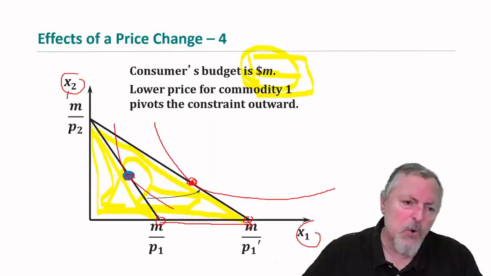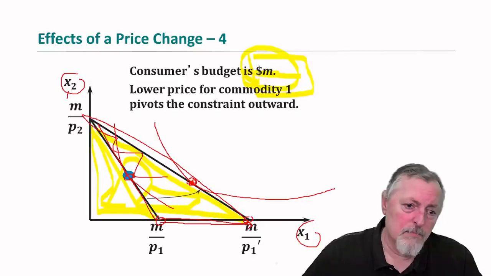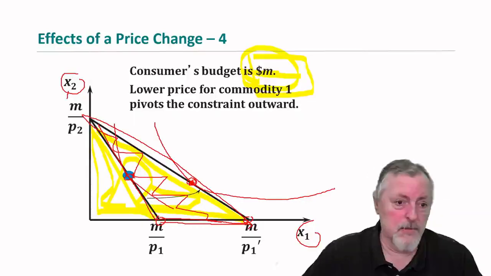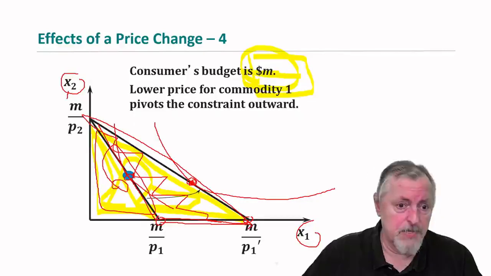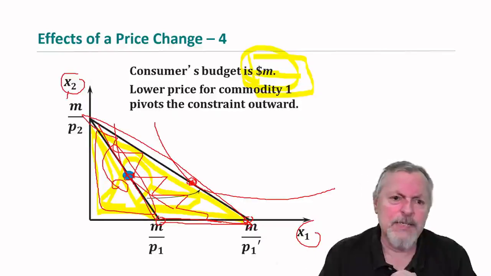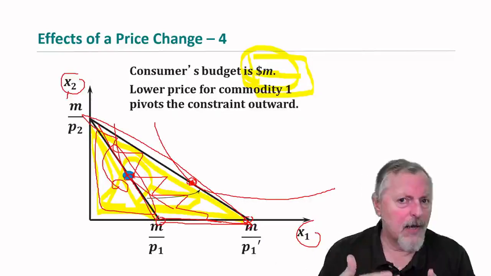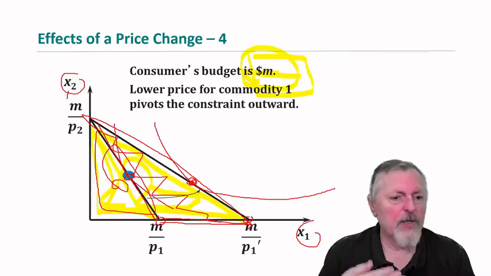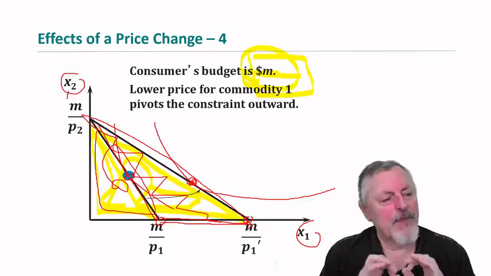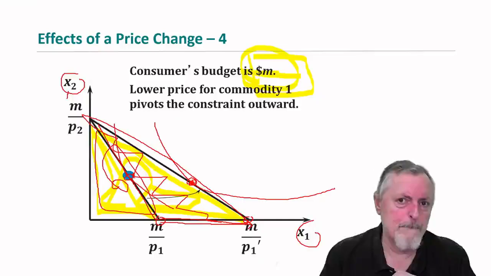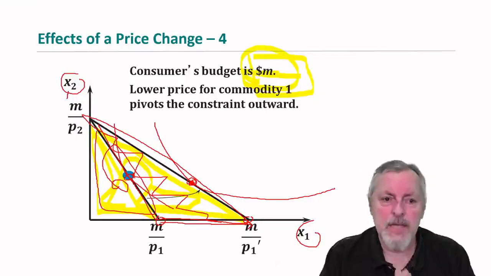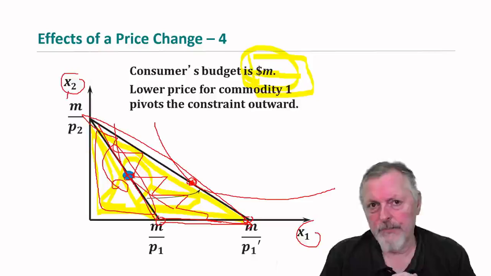The fact that your budget set is so much bigger now, you can now pick all of these things, if you want, in addition to these. Well, you have more choices, so you're kind of richer. It's kind of like as if your income had gone up. Well, we know if your income goes up, you will re-optimize to a new optimum consumption bundle.